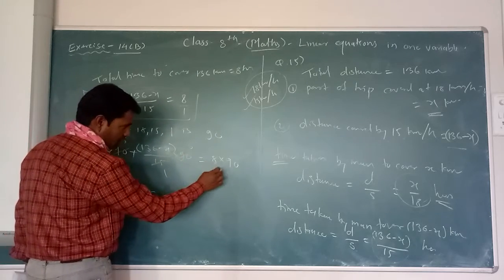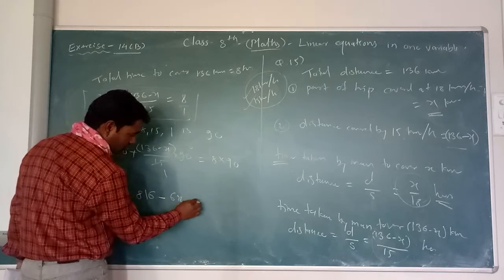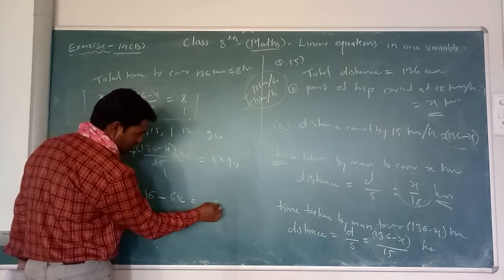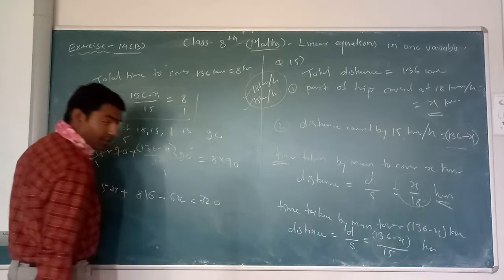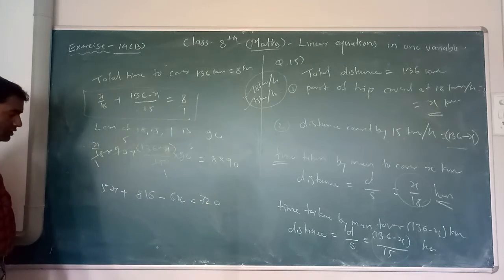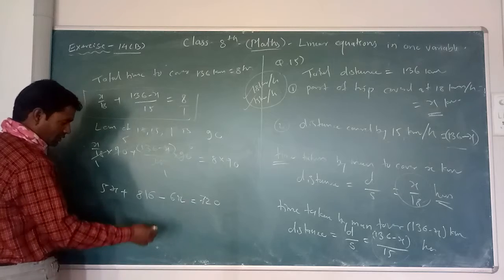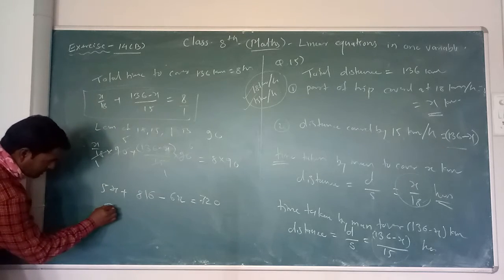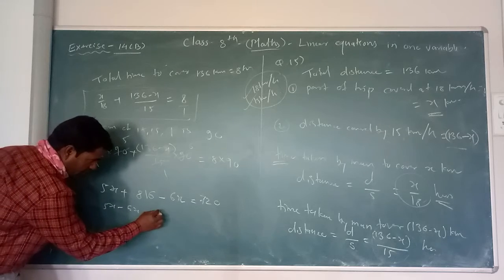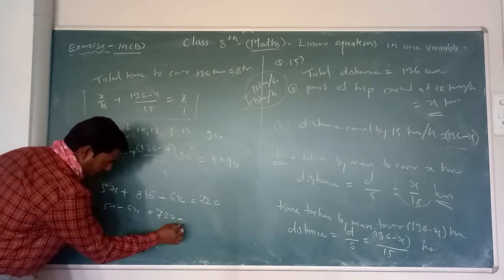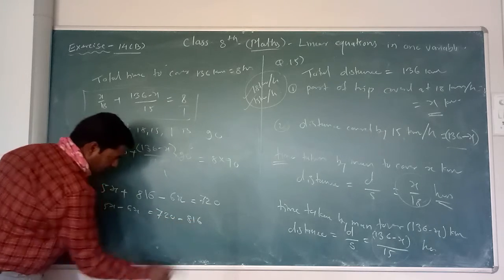Then 90 into 8, 8 9s are 72, so 720. Then 5x minus 6x equals 720 minus 816.